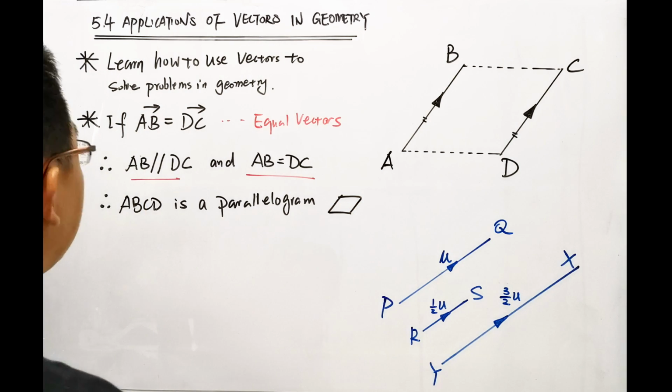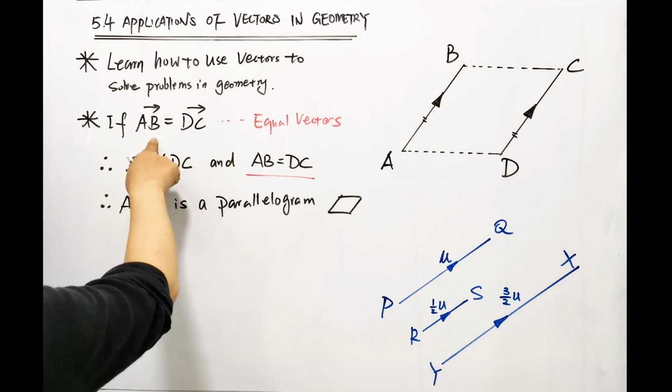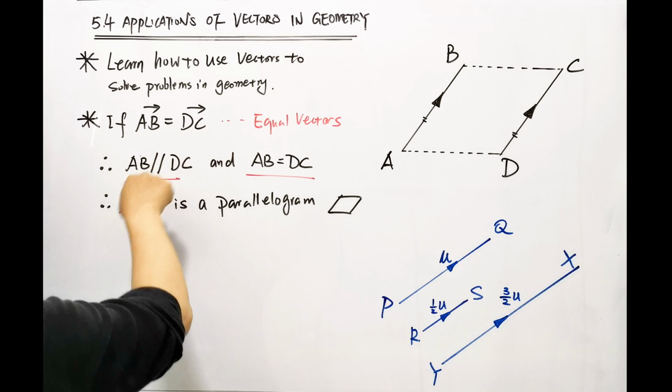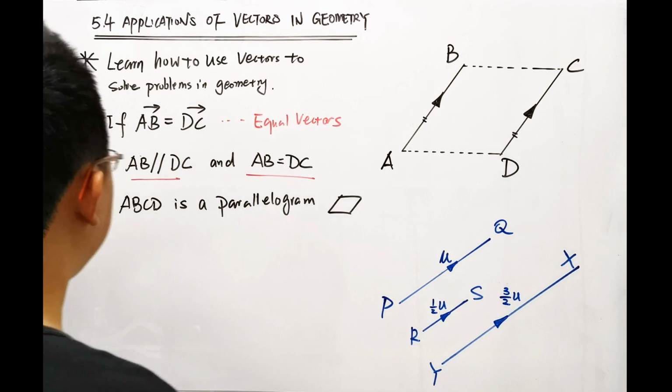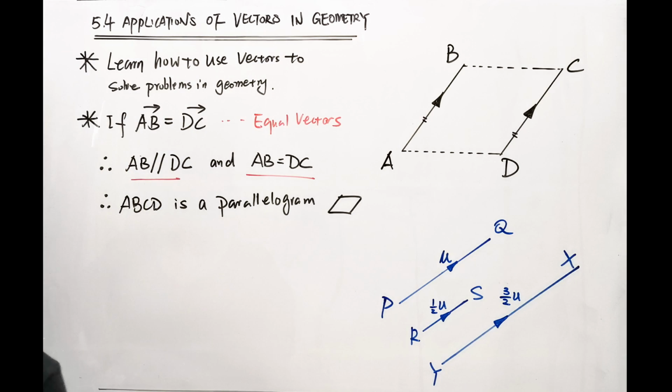Because these two vectors are equal, we know they're parallel and equal in length, so ABCD is a parallelogram.